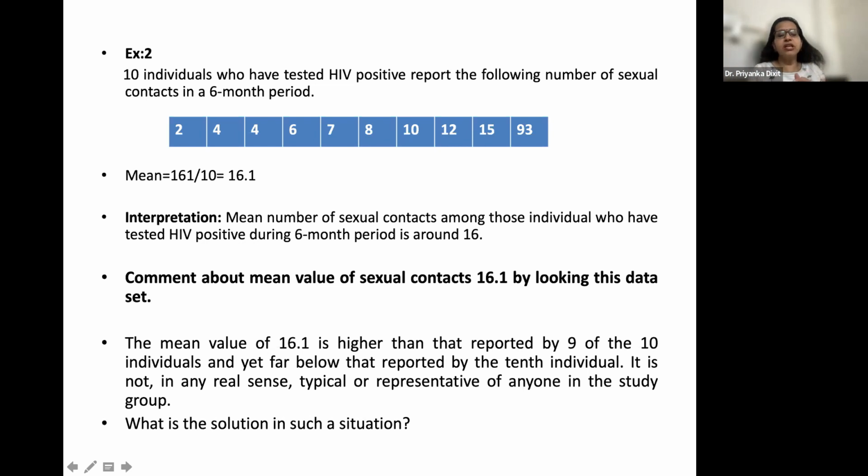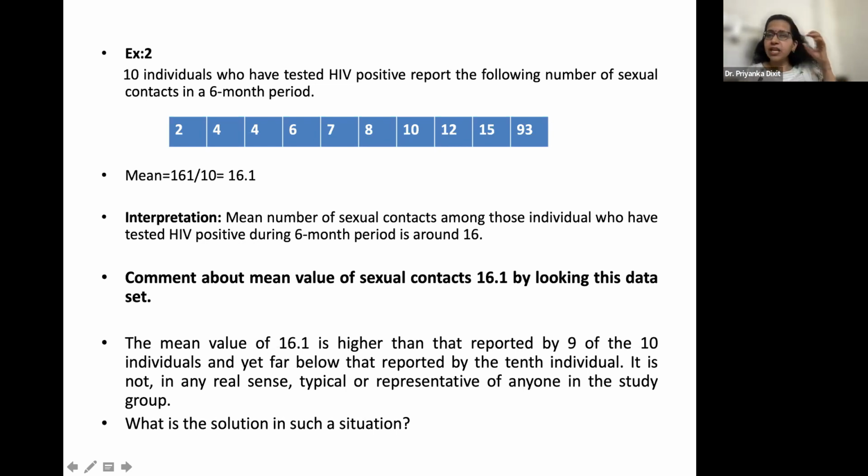Okay, the conclusion is that if there are some outliers present in my data set, in that situation we should not rely upon the mean. The mean will not give us an idea about the central part of the distribution.